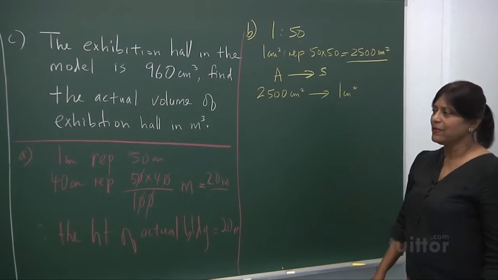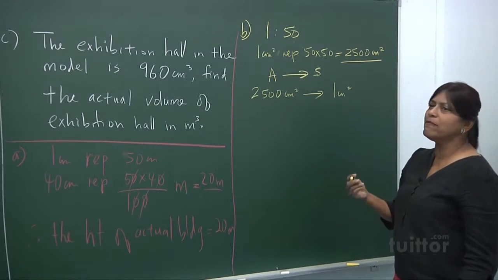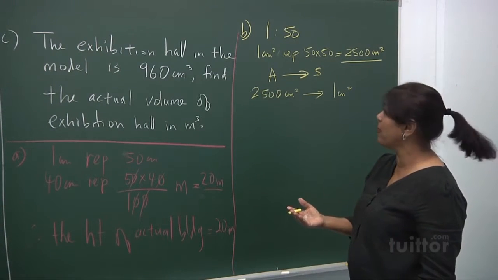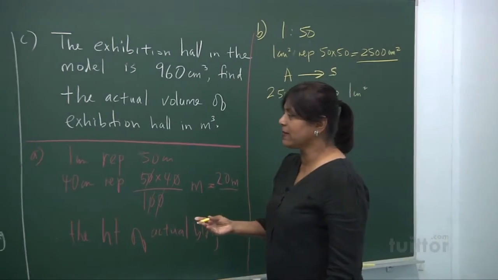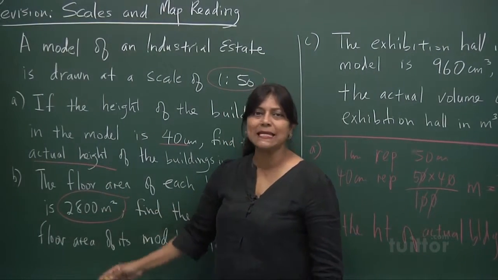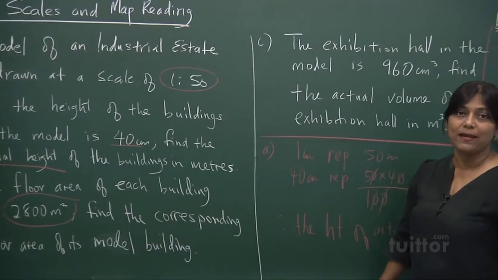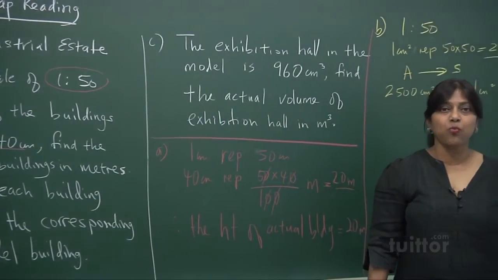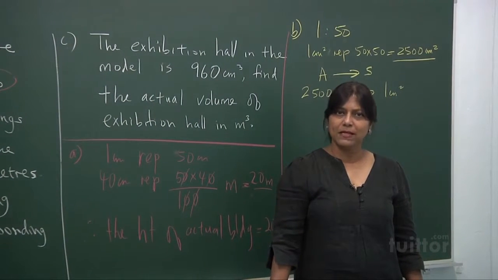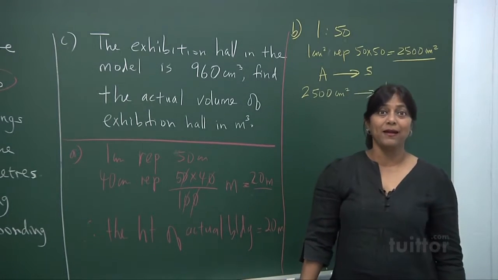And we're going to change this actual to meters. Or maybe you can even change that meter squared to cm squared, no problem. We are given 2,800 meters squared. Now how do you change 2,800 meters squared to cm squared? What is 1 meter squared? 1 meter is 100 cm, and 1 meter squared, 1 meter by 1 meter, is 100 multiplied by 100.